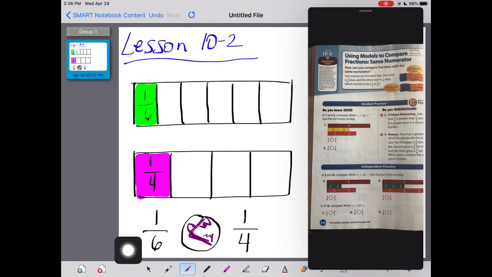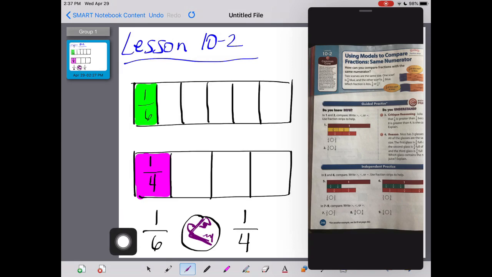And remember, the denominator stands for how many equal parts are in one whole. So if you're looking at 1/6, that means this scarf has been chopped up into 6 parts. And then in this scarf, this has been chopped up into 4 parts. Well, if you have less parts, the bigger the part is going to be for the whole.